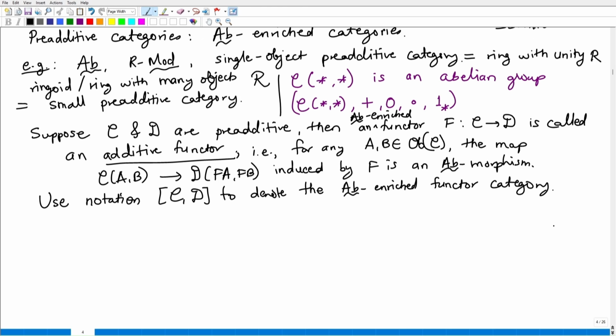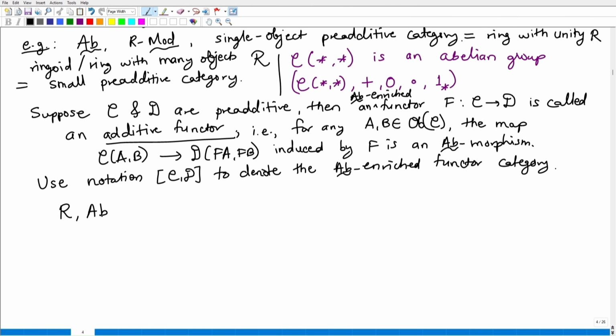We are just going to ask for something more on the objects. So what will happen if you are starting with a ring R and then I take this? The category of all additive functors from a single object pre-additive category to the category of Abelian groups. How many objects are there in R? One.